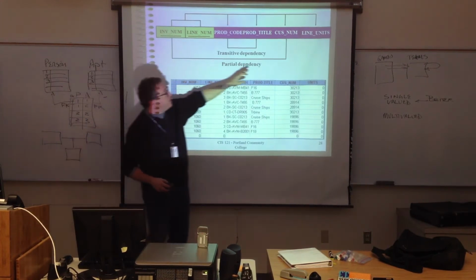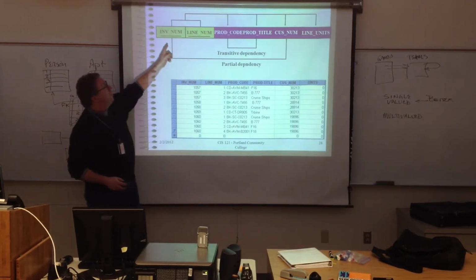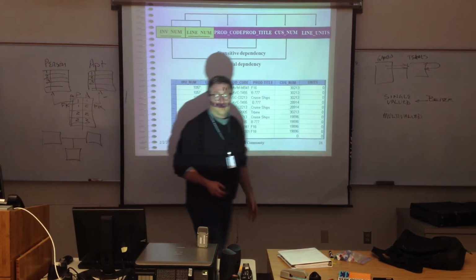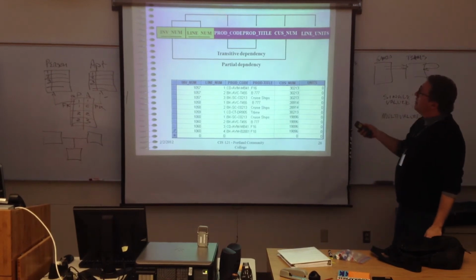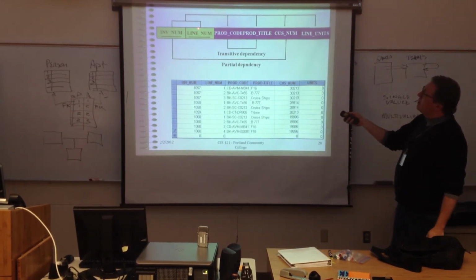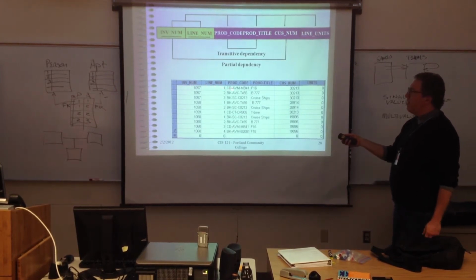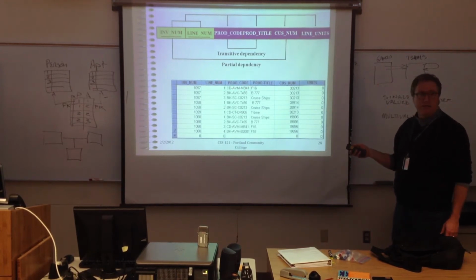But in this situation, the customer number attribute only depends on one of those. It's kind of wacky. I don't like that. So let's take this diagram and interpret it. This upper arrow means that the invoice number and the line number together form a primary key for this product that I'm selling.